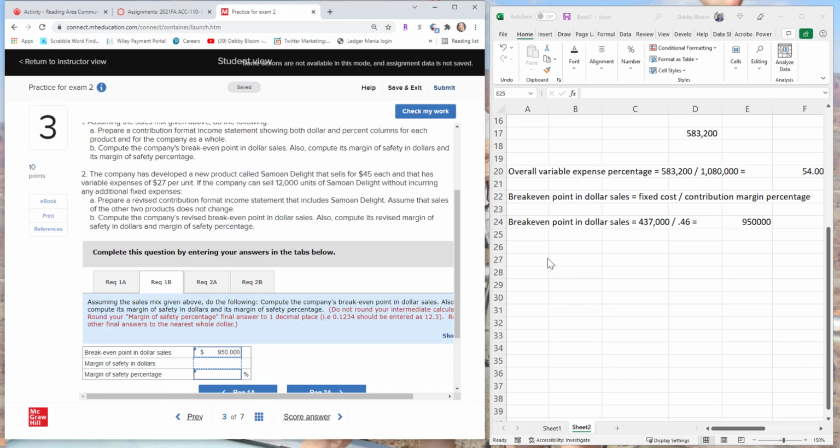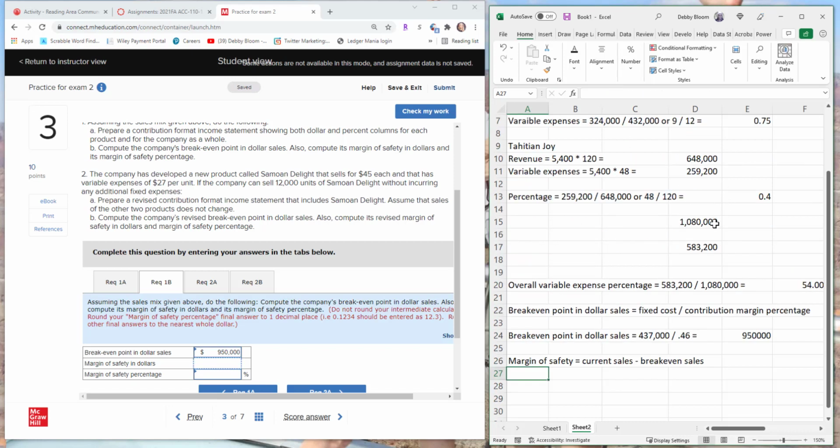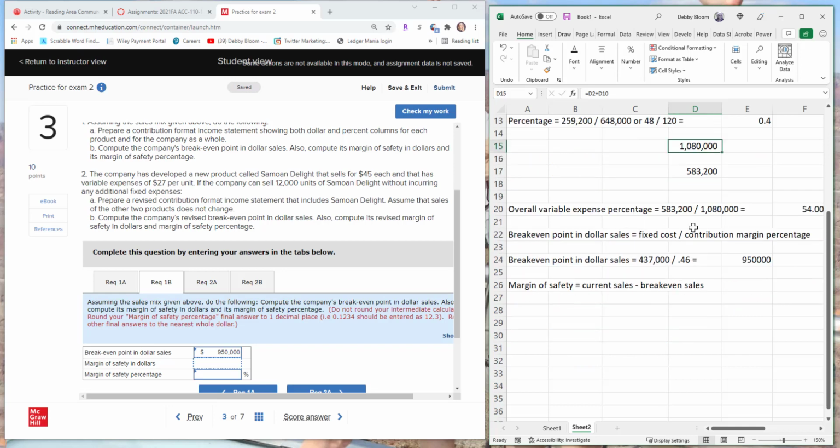Now, the margin of safety in dollars is the current sales minus break-even sales. We saw in the first part that our total company sales were $1,080,000. Our break-even sales are $950,000.